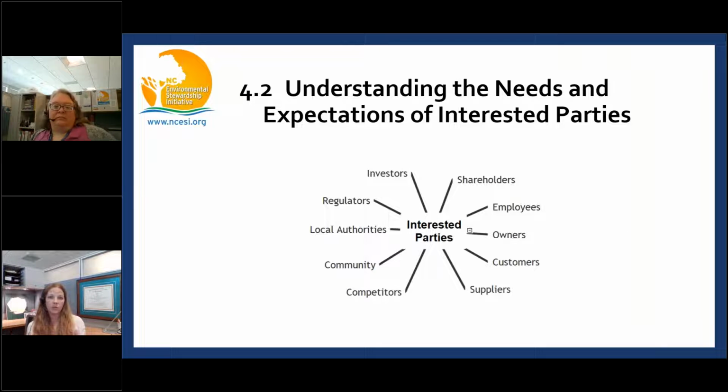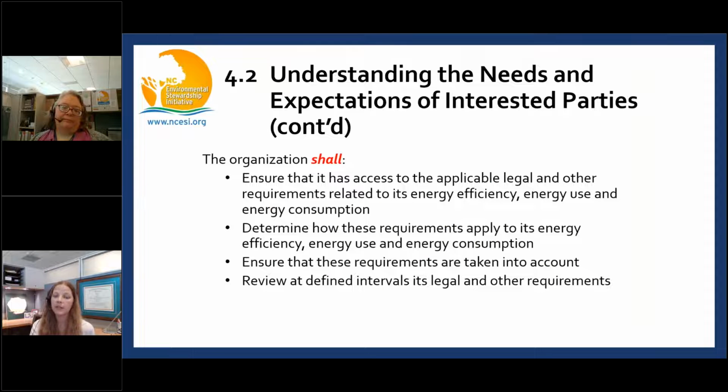So when we're talking about interested parties, some examples are investors, stakeholders, employees, owners, customers, suppliers, regulators, local authorities, community, and competitors. Okay, the organization shall ensure it has access to the applicable legal and other requirements related to its energy efficiency, energy use, and energy consumption.